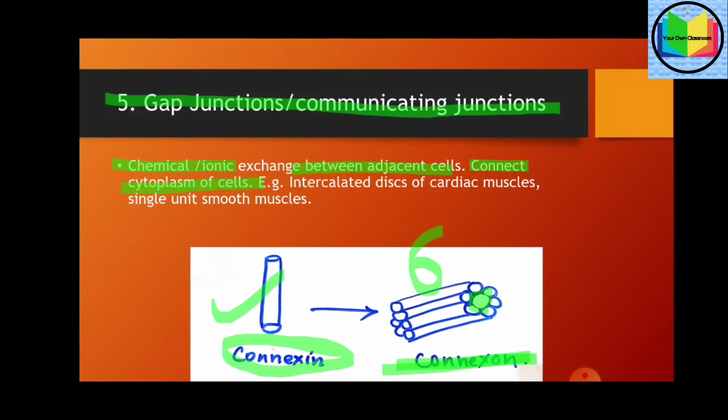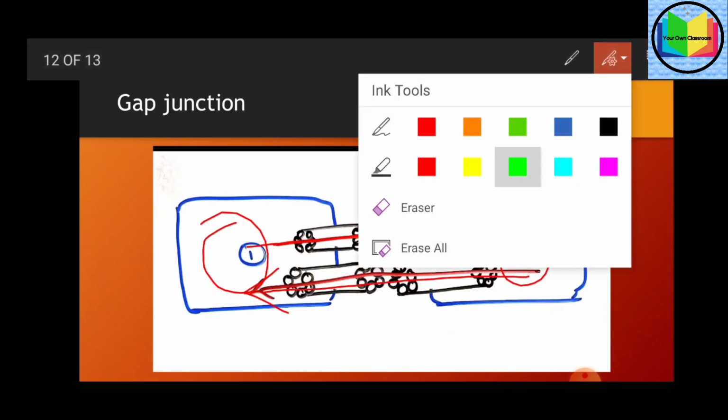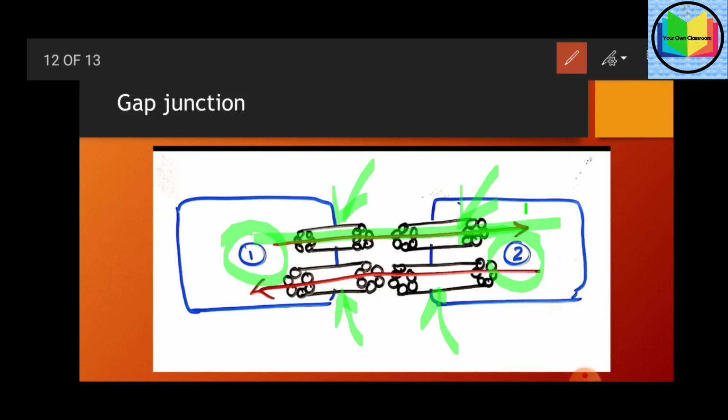When you see individual cells, the cells recruit connexons on their membranes. So there are two cells in contact with one another, and they have recruited connexons on their membranes so that the contents of the cytoplasm can be exchanged between them.